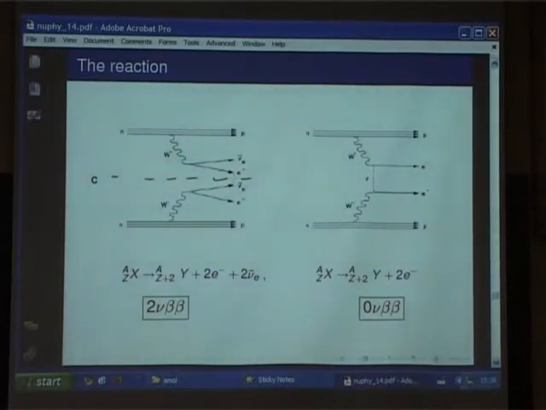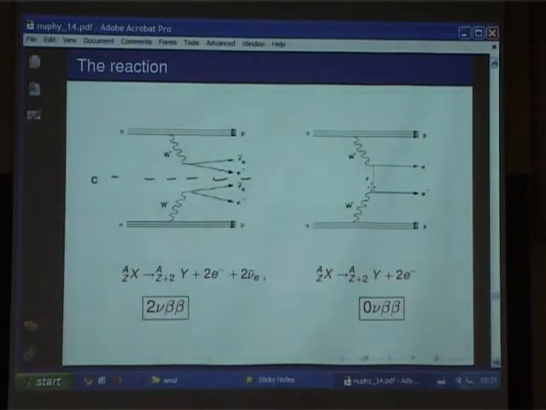So in terms of this diagram, what it would mean is that you have this electron coming out, this electron coming out, but somehow this nu bar and this nu bar annihilated themselves inside the nucleus itself. That is possible when there is the nu and when there is nu bar.